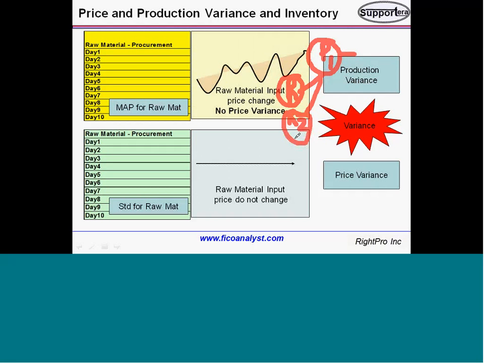Let's say this is $100, this is $200, assuming that nothing else is there, only these two input materials. So the standard cost for this material will become 100 plus 200, this is 300, plus maybe let's say $50 for your making charges. Yeah, overhead. So $350, right?